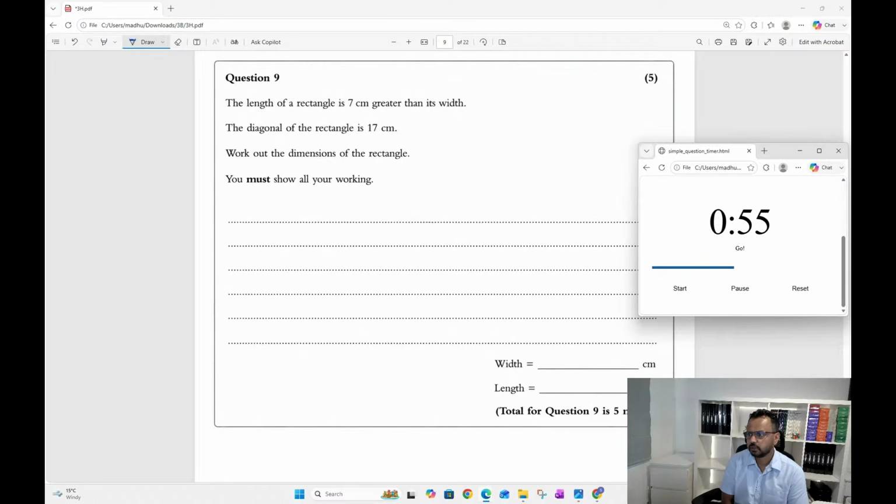Let's have a look. Send me the answer in the chat, guys. This is again not hard, but a good question. Send me the answer in the chat, guys.